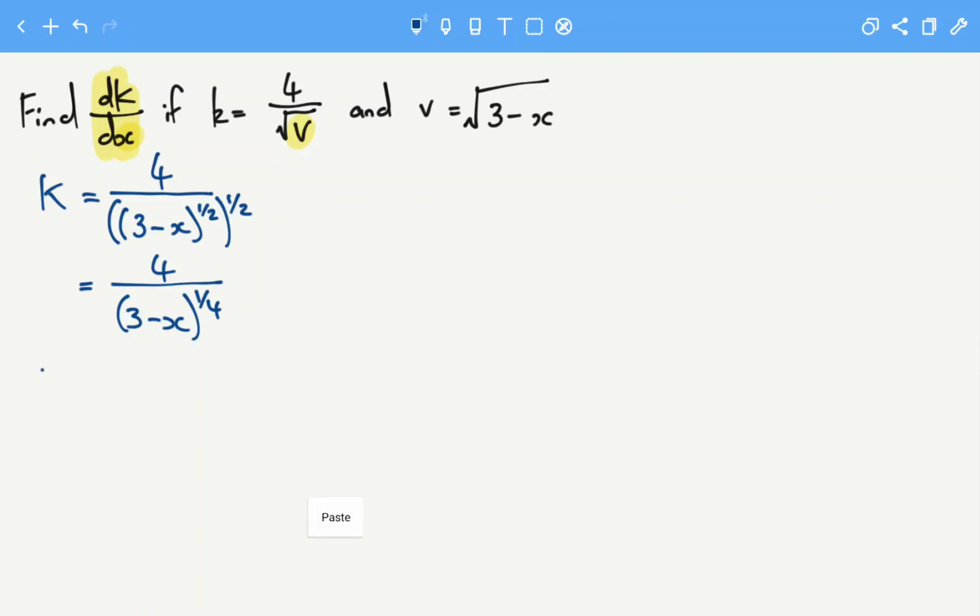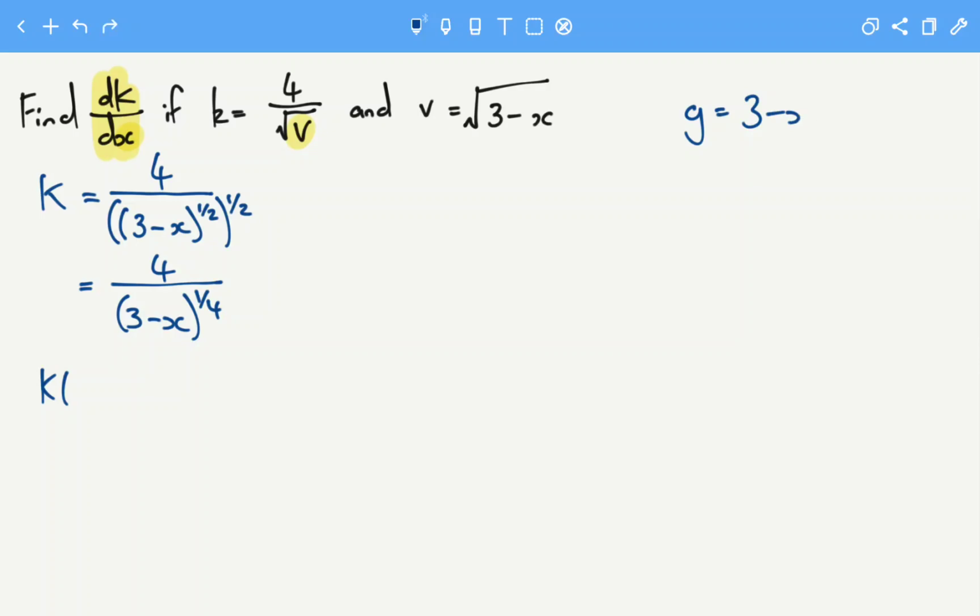How we'll do that is we will differentiate k in terms of x. Actually, first we will make g equal 3 minus x. That's what g is going to equal.